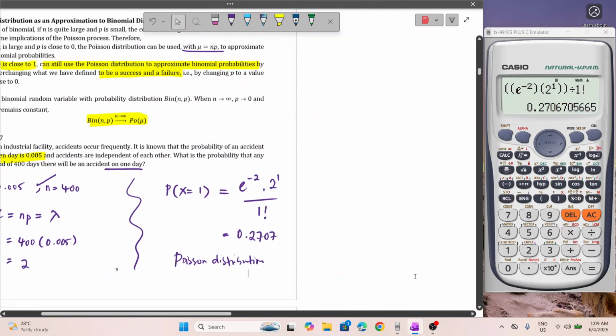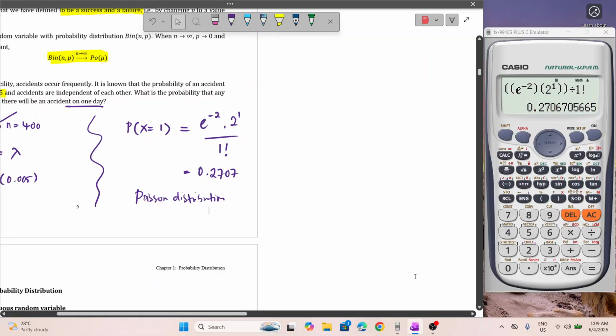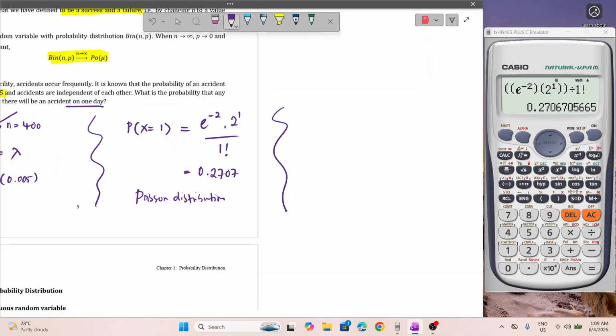Maybe you want to check by using the binomial distribution, the probability of x equal to 1. Can we do it? Yes, let's try. n is 400 and x is 1.